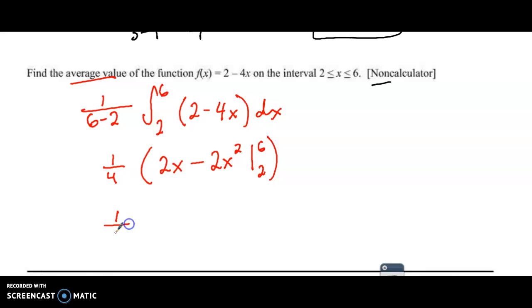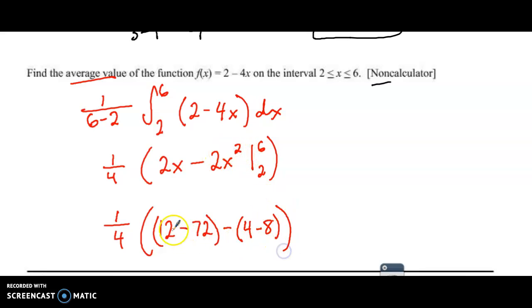That's my opinion. So 2 times 6 is 12. 6 squared is 36. Times 2 would make that 72. Minus 2 times 2 is 4. 2 squared is 4. Times that 2 would be 8. So what do we have?